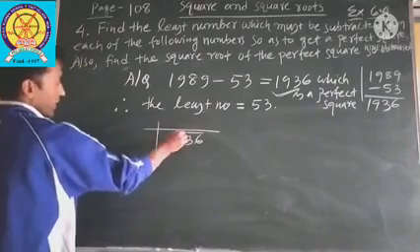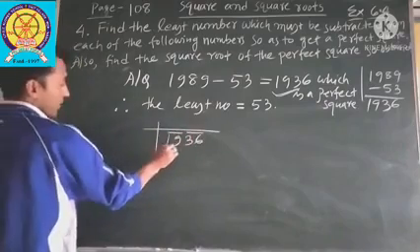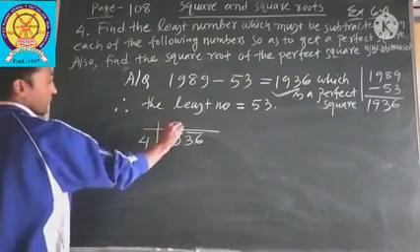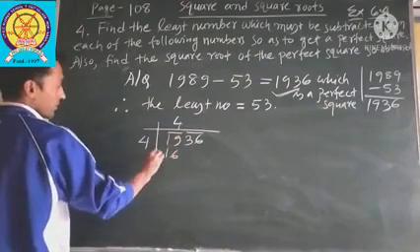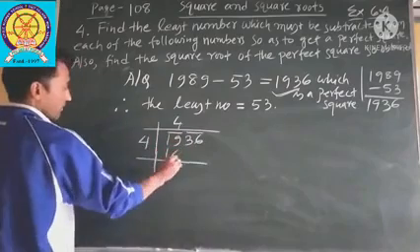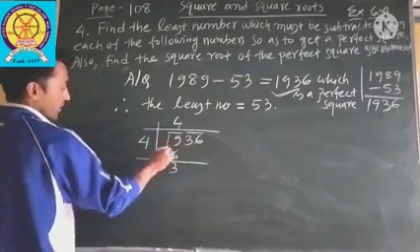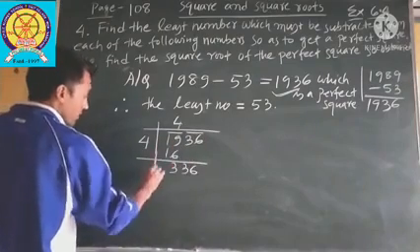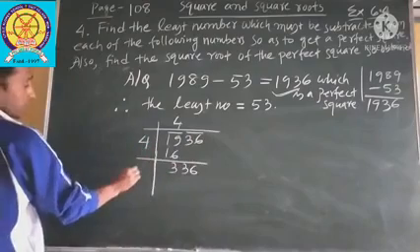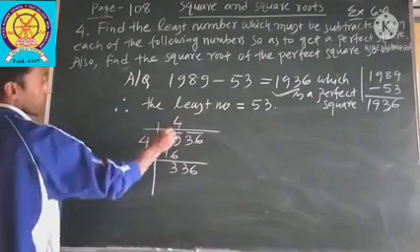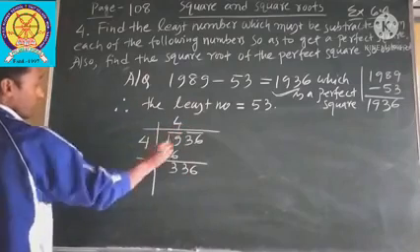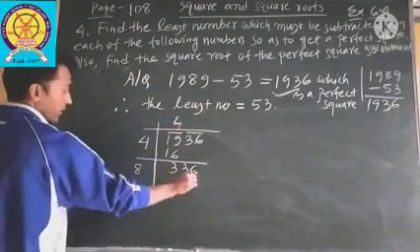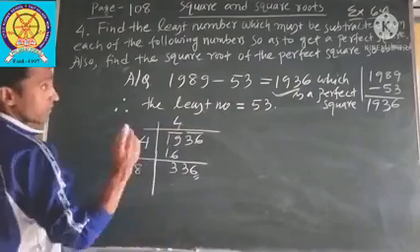Now you make pairs. First you give time to 19. 4 4s are 16. 9 minus 6 is 3. 1 minus 1 is 0. So next you bring down the next pair. Now to get the second divisor, you make double the first quotient. 4 2s are how much? 8. Here the ending digit is 4.